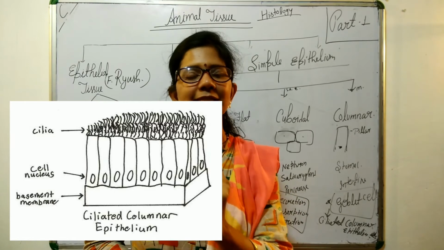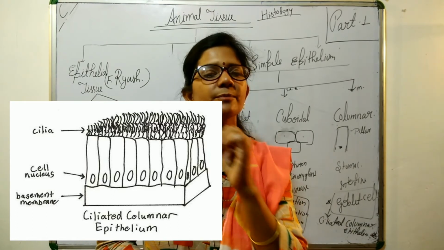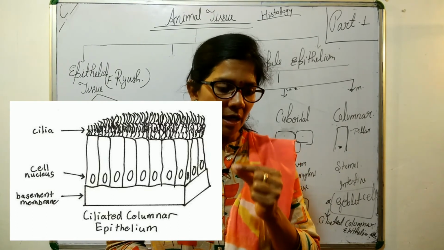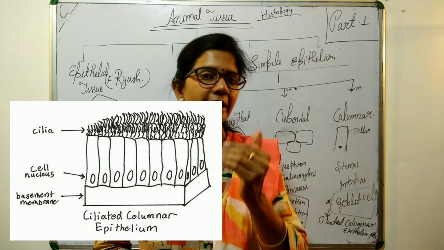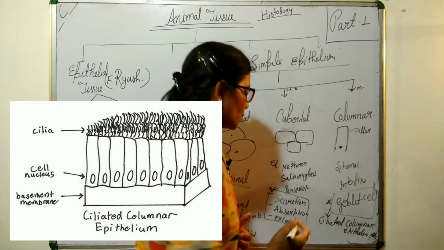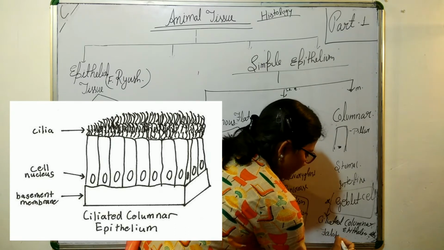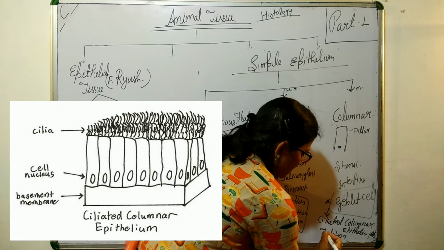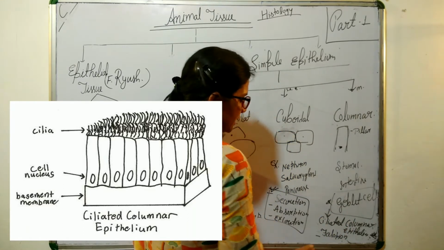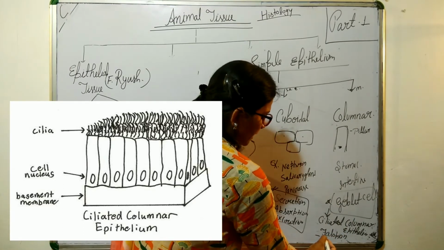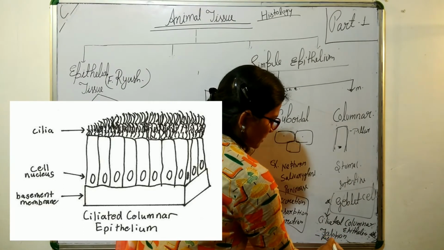So we need this type of support, the facilitated movement, in the case of the fallopian tube. So you will find it in the fallopian tube, and also in the respiratory portion.